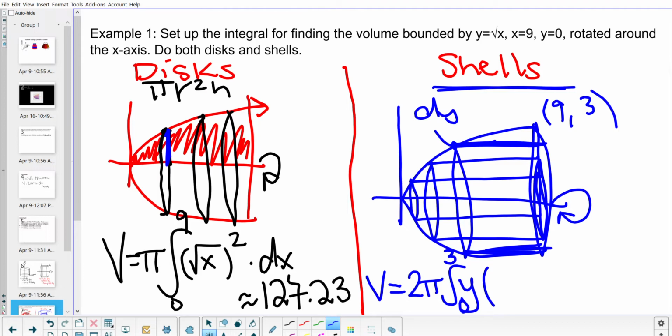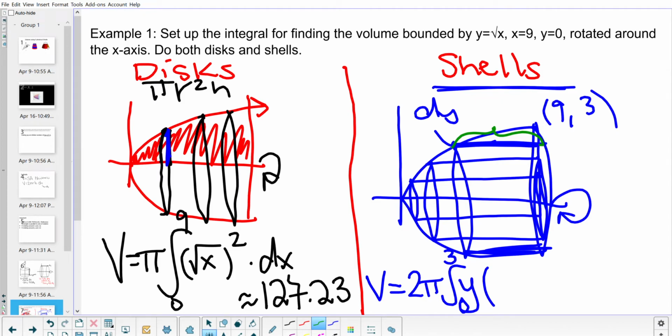Okay, so the x value stretches, let's see, so the height is from here to here. The height is always going to start over here at x equals 9.